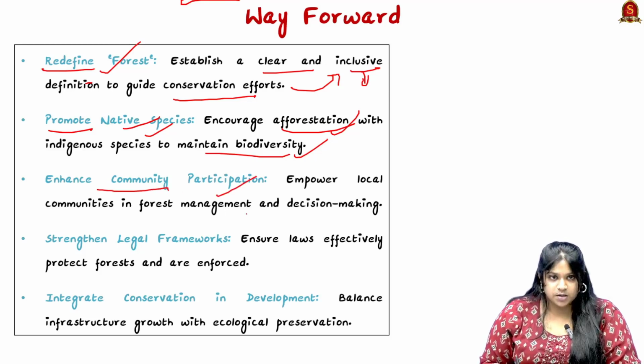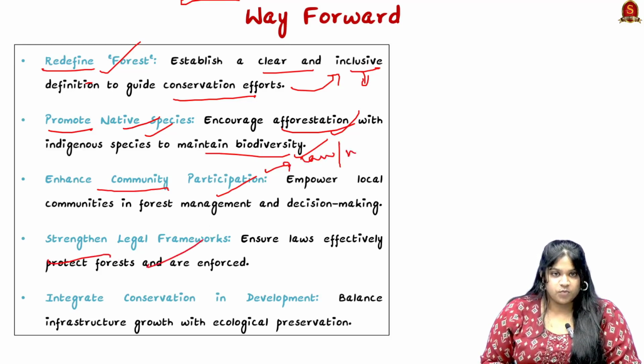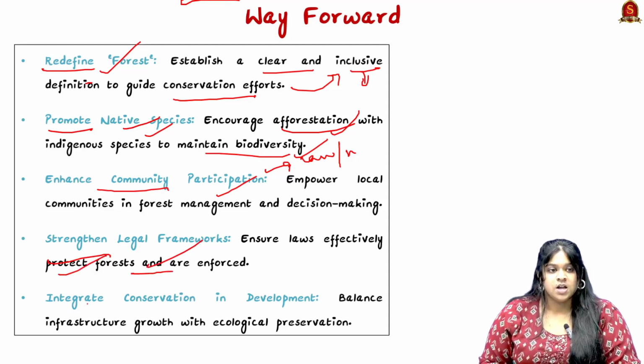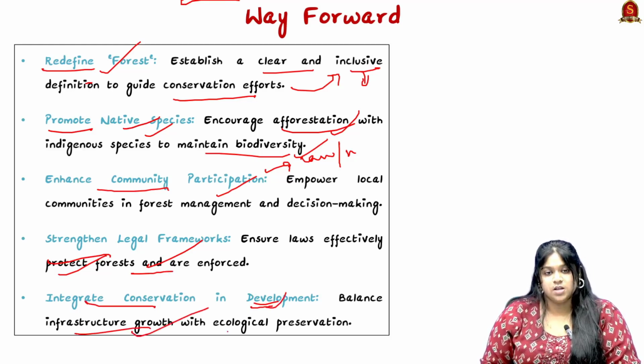Enhancing community participation, especially during law making and for the legislations. Strengthening the legal framework, ensuring effective protection of forests is enforced, and integrating conservation in the development process. So here it brings balance in infrastructural growth as well as ecological preservation for sustainable development.